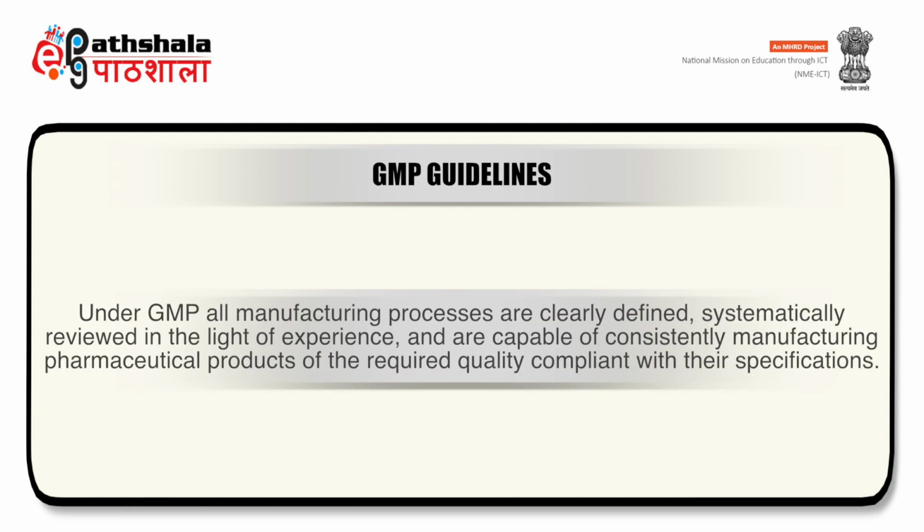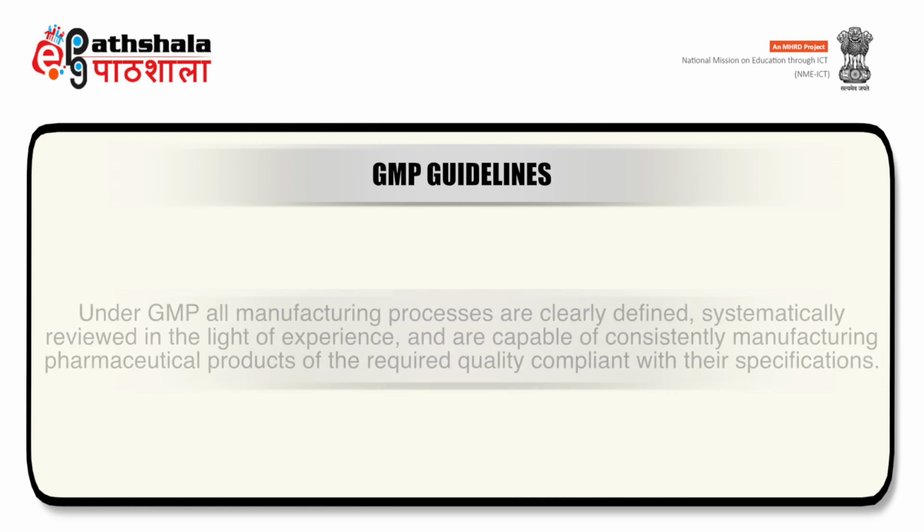Under GMP, all manufacturing processes are clearly defined, systematically reviewed in the light of experience and are capable of consistently manufacturing pharmaceutical products of the required quality compliant with their specifications.